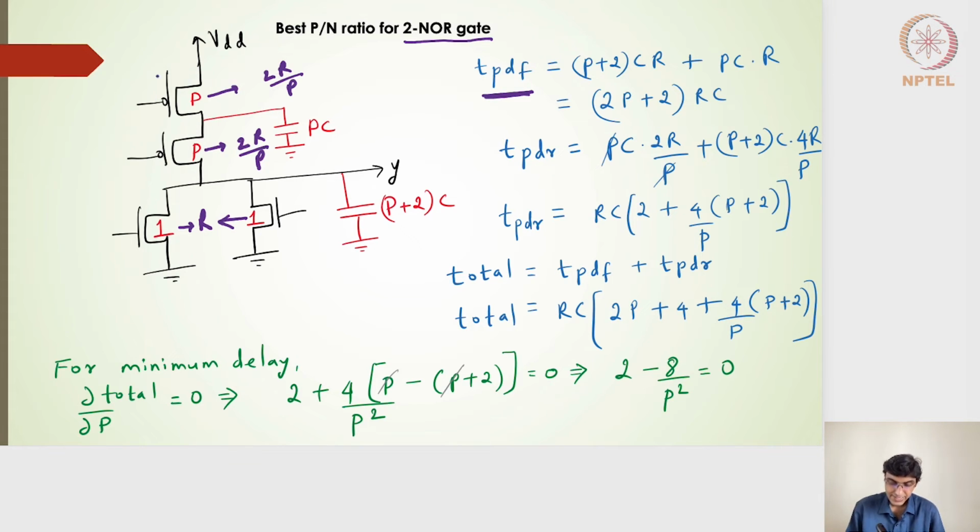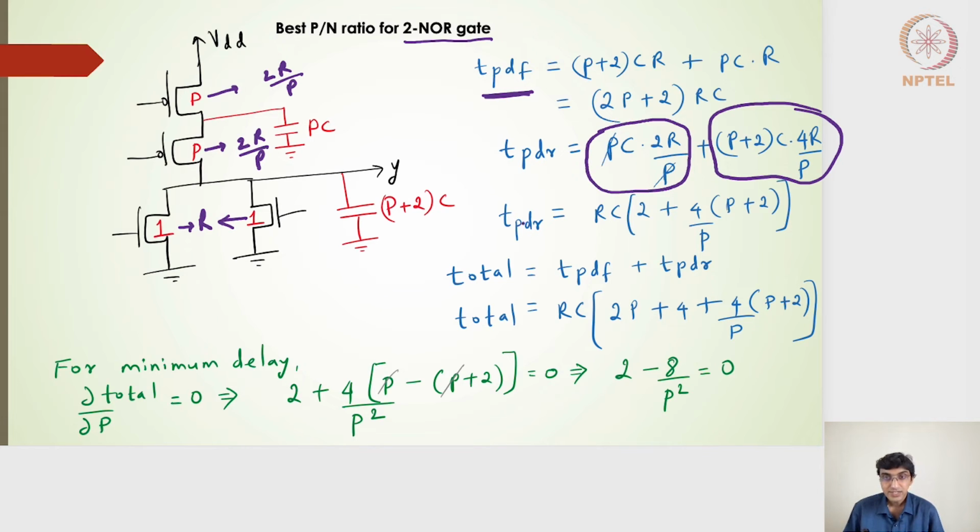Propagation delay rising in this case will be nothing but P plus 2 into C multiplied by 4R by P. So this is the expression. The other one is PC multiplied by 2R by P. So PC into 2R by P. So that is this expression.